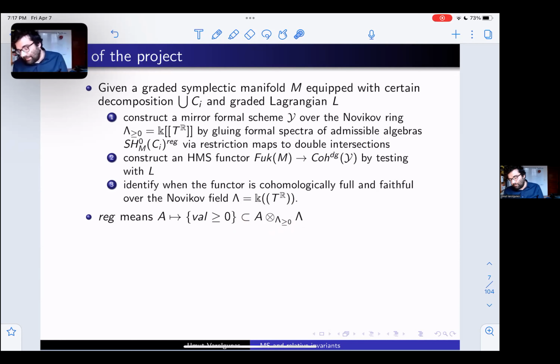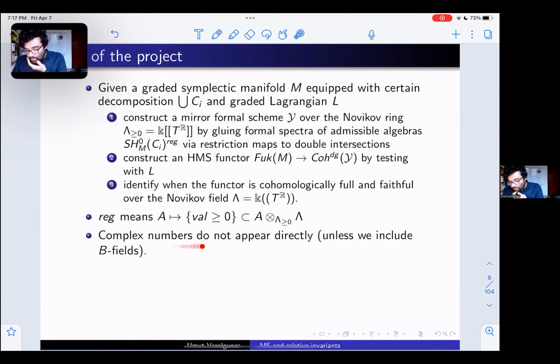I look at the evaluation bigger than or equal to 0 elements. So this is just some stupid thing. Like you have this maximal ideal of the Novikov ring. If you do this operation to it, it will become the Novikov ring. Okay, so it's a regularization operation. It's very annoying that I have to do this, but it's actually crucial for the construction to work as I intended to.